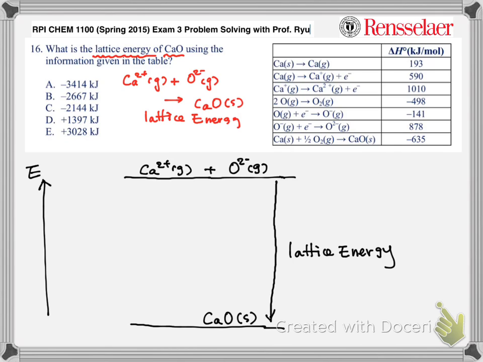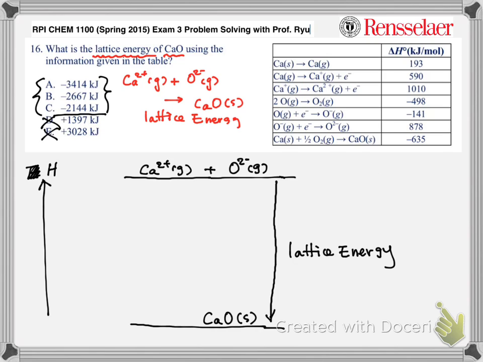Because the lattice energy drops, the answer is already narrowed down among those three choices, and this one cannot be, since it is an endothermic reaction. That is not true. The delta H for the lattice energy should be negative, and let me just say this is an H here.